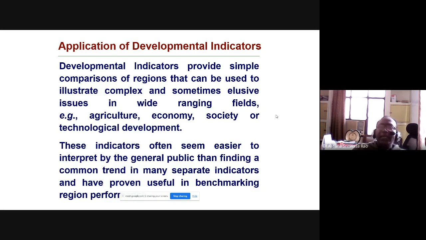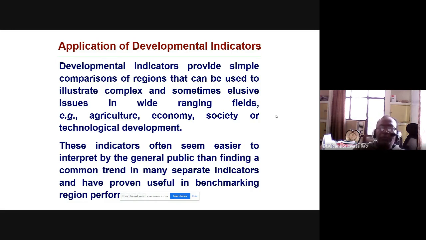So these kinds of indicators are very, very important. The indicators provide simple comparisons of regions that can be used to illustrate complex and sometimes wide-ranging fields like agriculture, economy, society, or technological development.